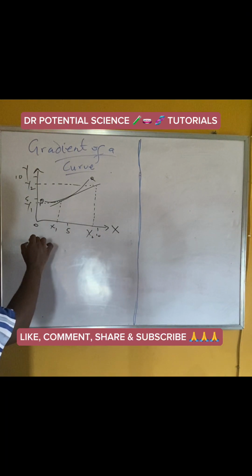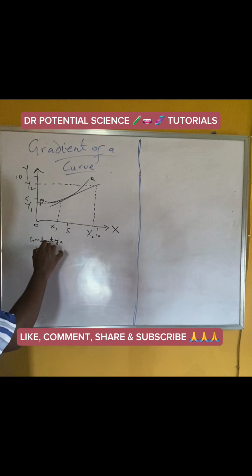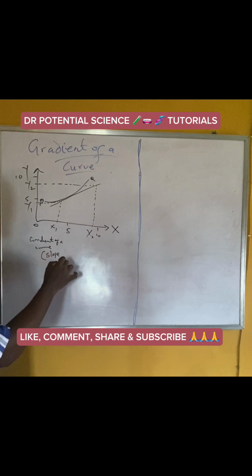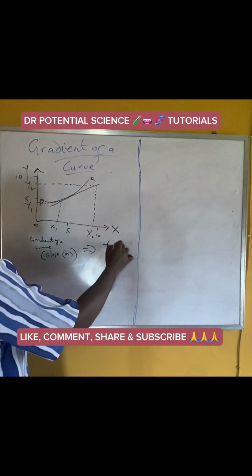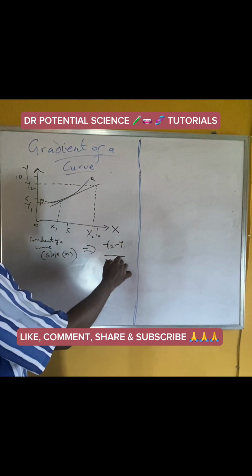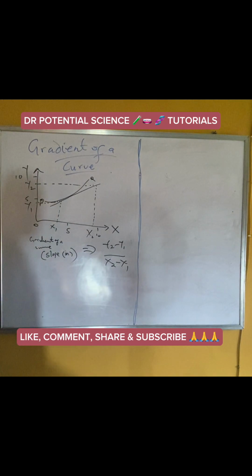So generally, the gradient of a curve, okay, is also known as the slope. And we denote that as m. Okay. Any 2 points on the y-axis, that's y2 minus y1 over x2 minus x1. All right.